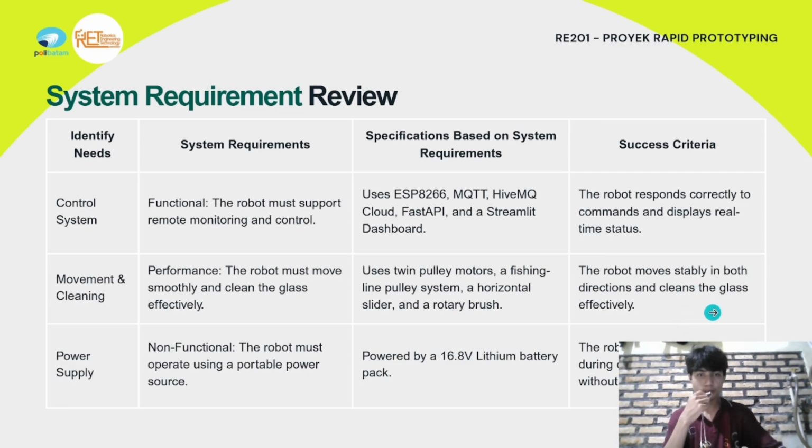And the last, powered by a 16-volt lithium battery pack. And then success criteria: the robot responds correctly to commands and displays real-time status. The robot moves stably in both directions and cleans the glass effectively. The robot operates continuously during one cleaning cycle without power interruption.